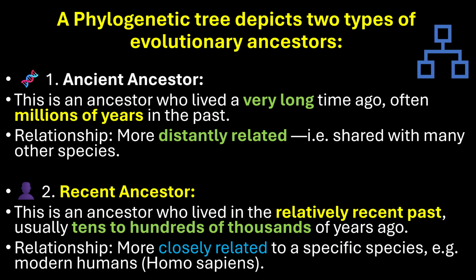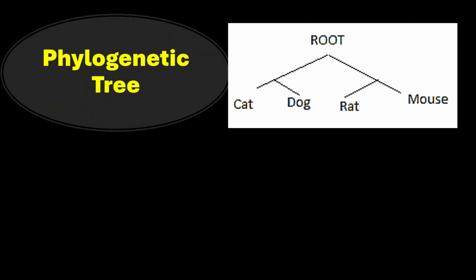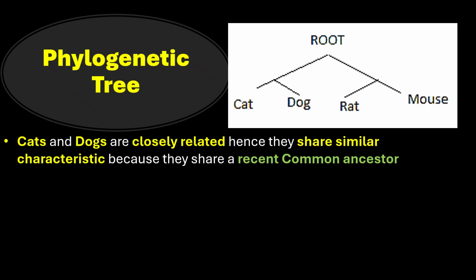So if we take a phylogenetic tree, for example, like what you have on your screen, let us establish the relationship. So we have cats and dogs. If you look at cats and dogs, they are closely related. And because they are closely related, they will share similar characteristics. The reason why they share similar characteristics is because they share a common ancestor.